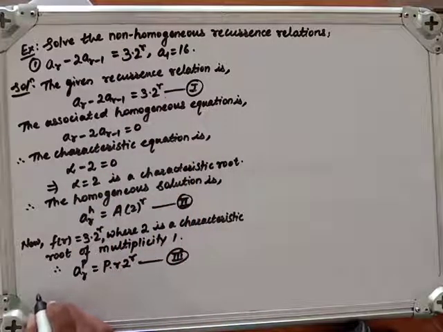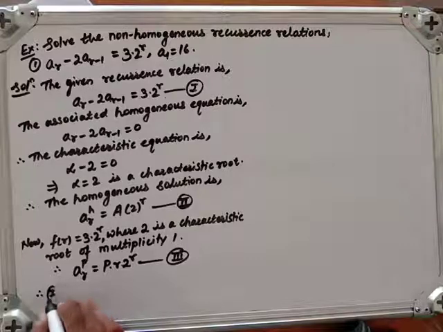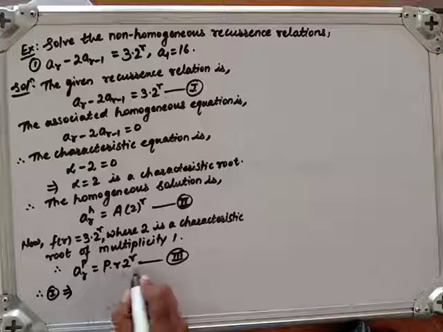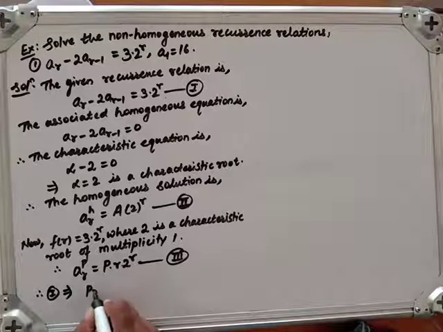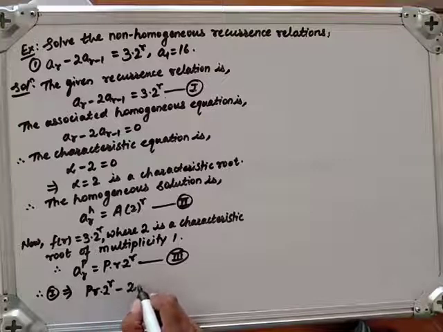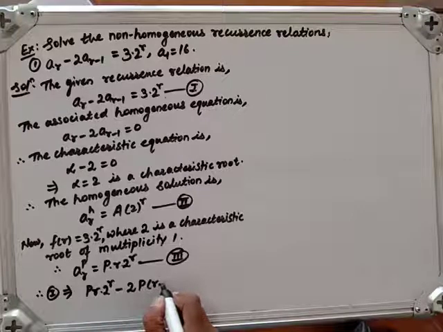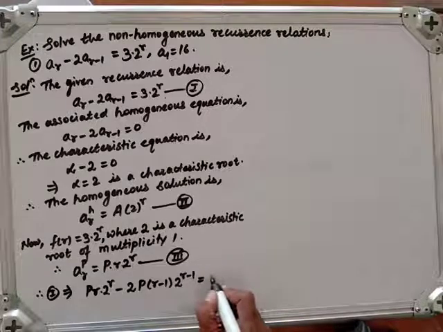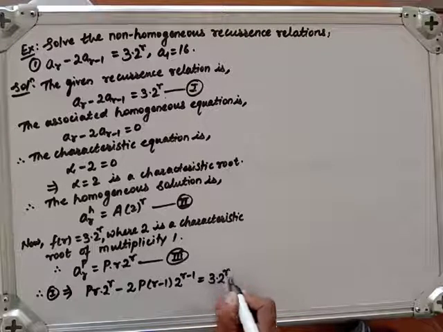So equation 1 implies a_r minus 2 a_(r-1): P r into 2 raised to r minus 2 times P (r minus 1) into 2 raised to r minus 1 equal to 3 into 2 raised to r.